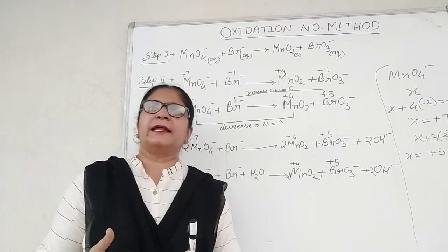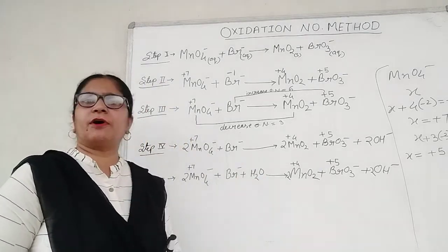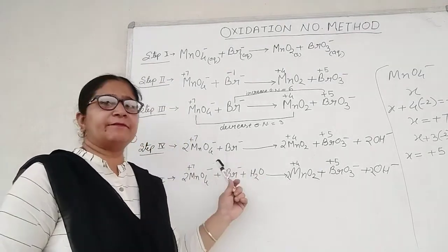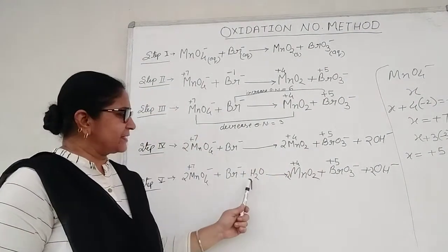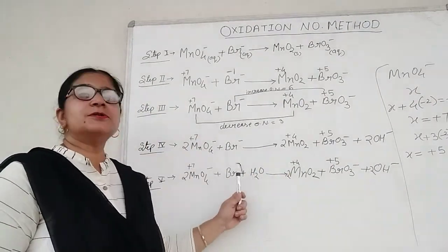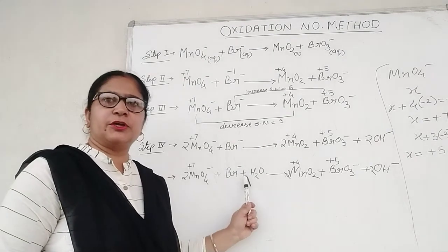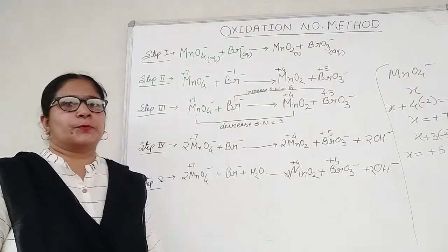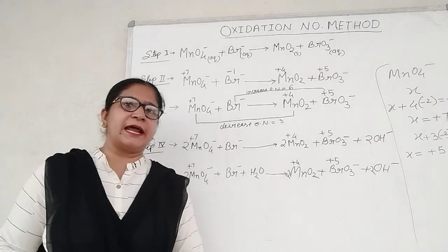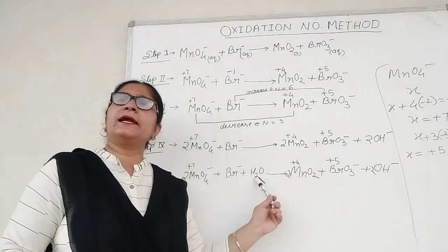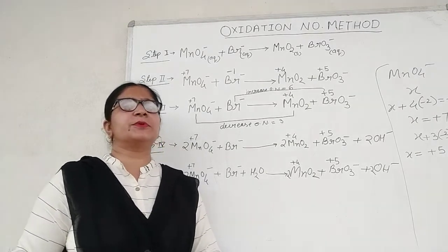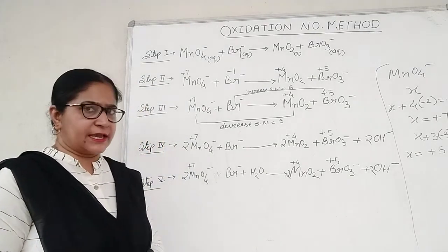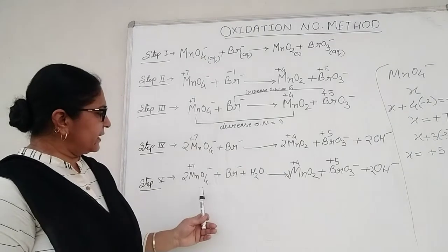Hence, add 1 water molecule on the left hand side to balance the hydrogen atoms. If the number of oxygen atoms on the reactant and product side are the same, then the equation represents a balanced redox reaction. So let's check here.